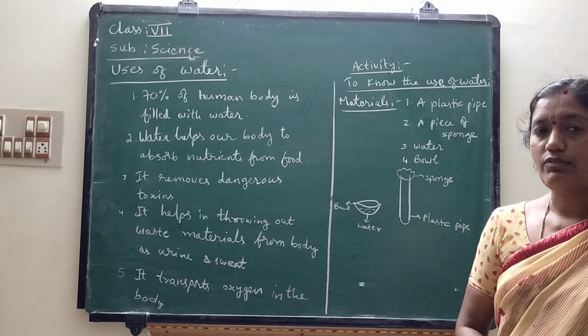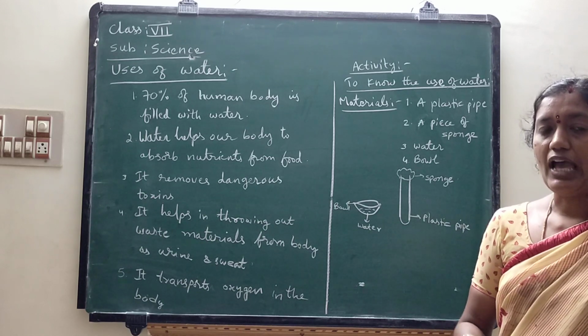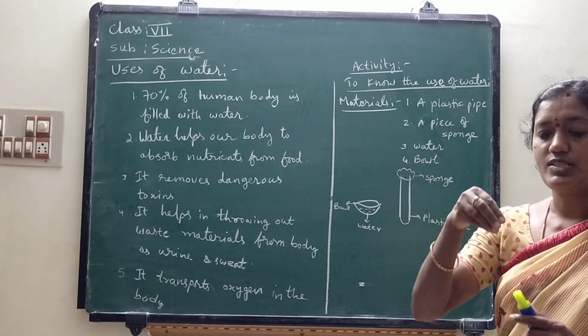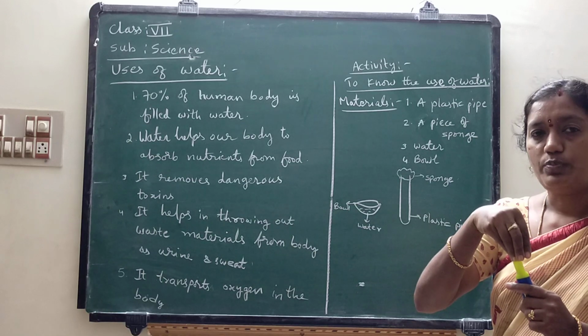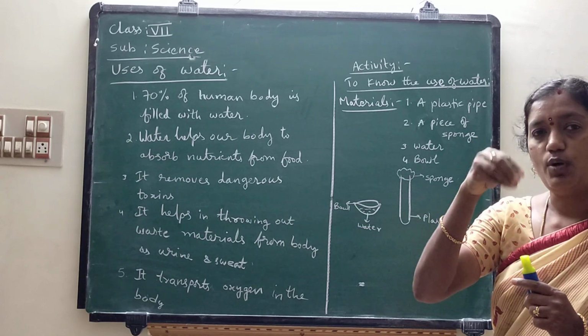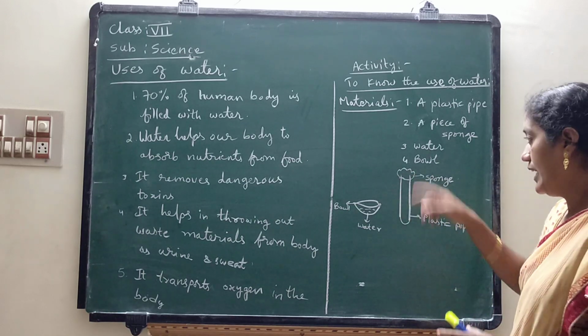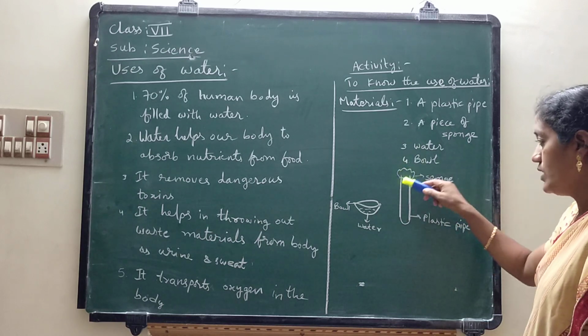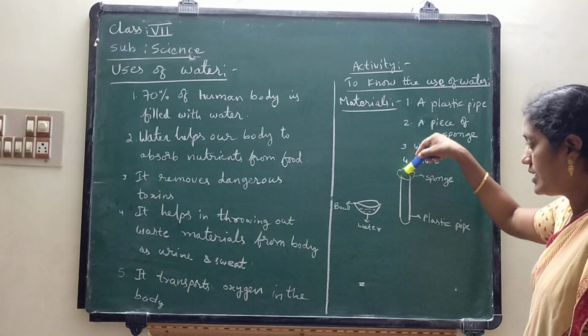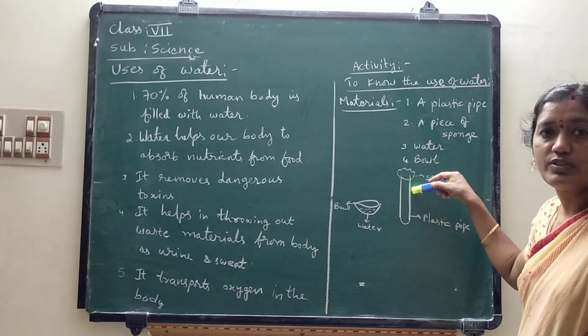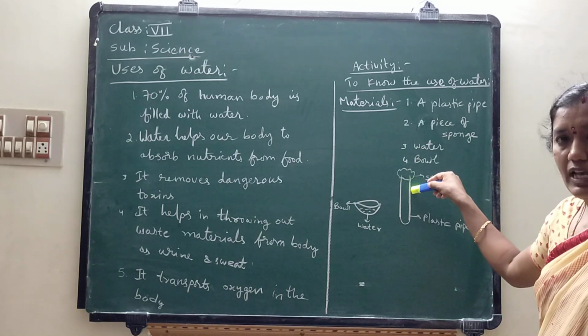Now you have to push this sponge into the pipe. So this is a sponge and this is a long plastic tube. Now you have to press or push this sponge into this long plastic pipe.